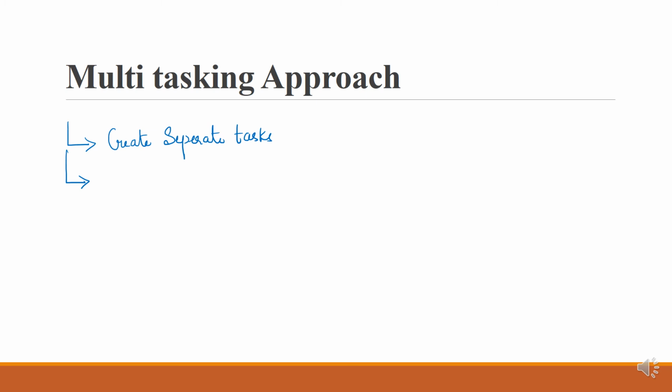First, the implementation will require the ability to create separate tasks. Once you create separate tasks, we need to schedule CPU time to all the tasks. Second, we need to share data between the tasks.